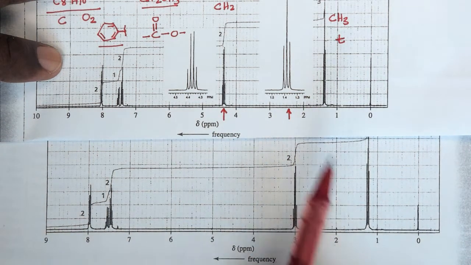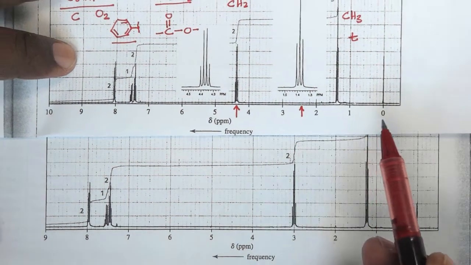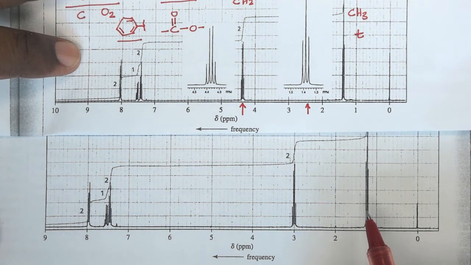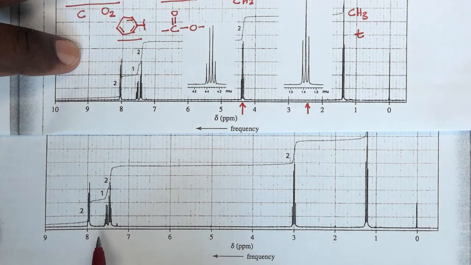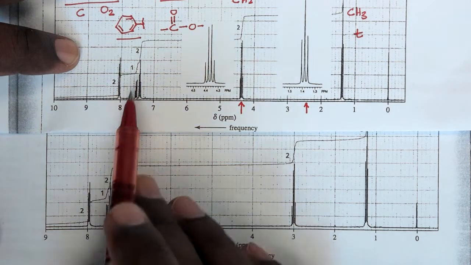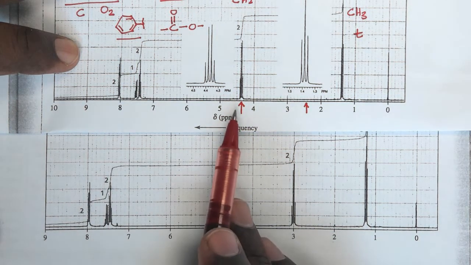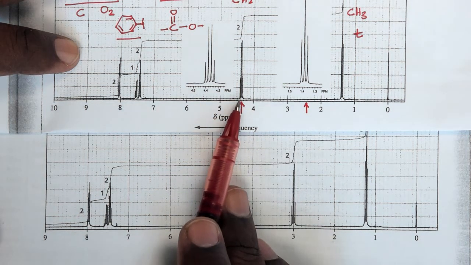If you compare the two, you'll see that I have the aromatic ring here, I have a quartet, I have a triplet, and you'll see that this triplet is around about the same chemical shift. The aromatic peaks are slightly different, but more or less the same as the one that we've just done. The only difference in the two spectra is this quartet.